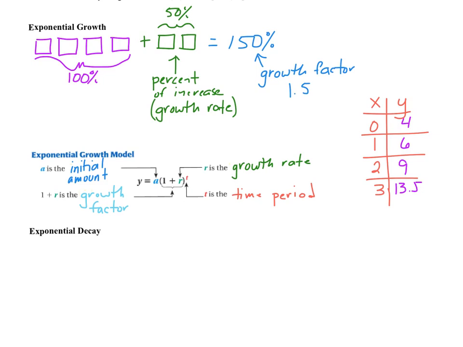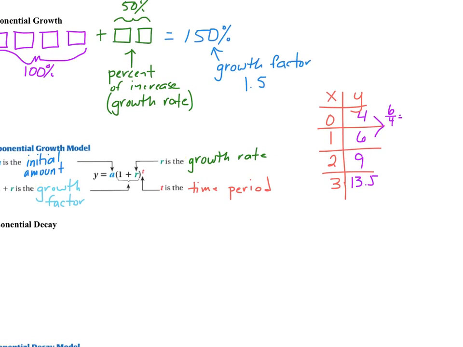And so how we can figure that out is if I do 6 divided by 4, that gives me 1.5. And if I do 9 divided by 6, guess what?